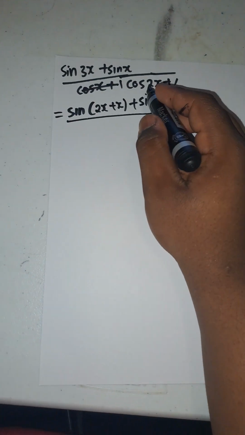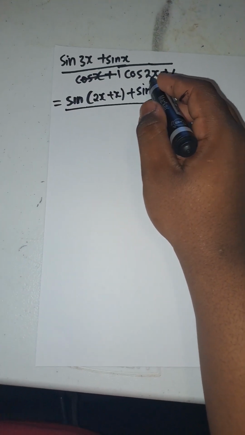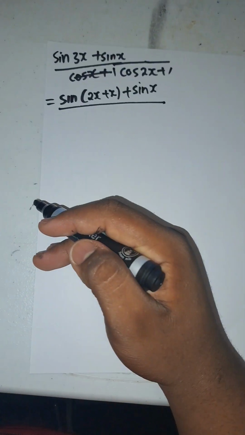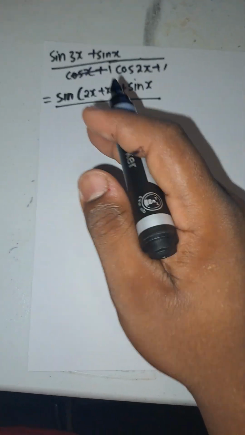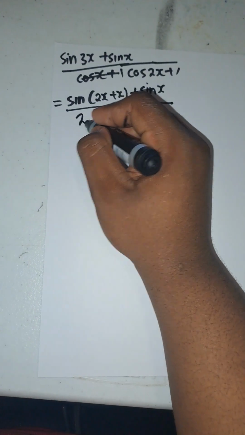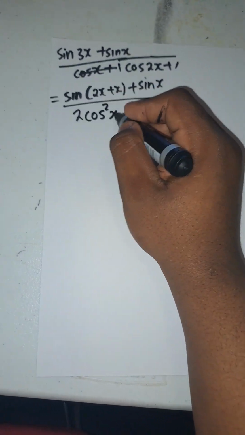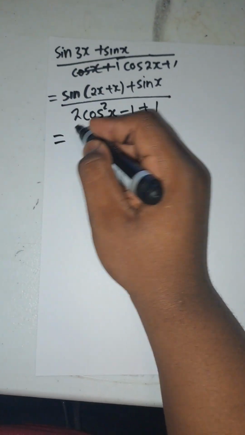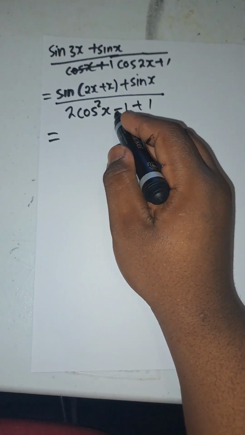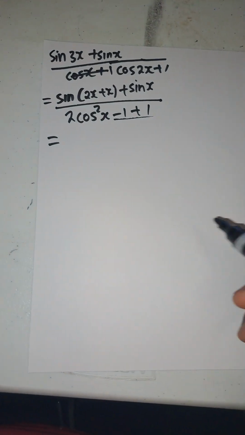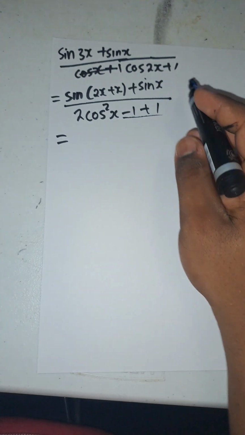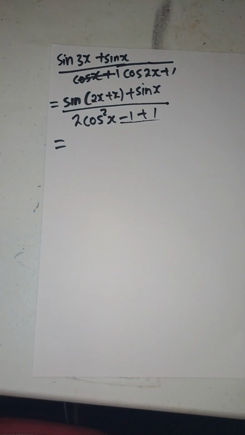Over. Now, let me simply change this cos 2x before I go down there, because I don't want problems with the denominator. Most of the time when we change these things, we simply leave the denominator. And now, I can already see that minus 1 plus 1 is out. Now, let me expand, considering your compound angles.